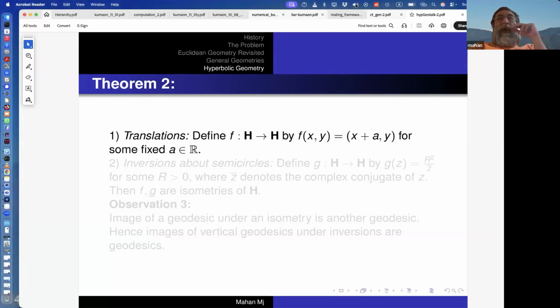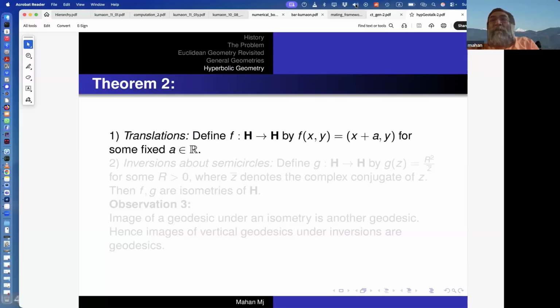And we had this one vertical line through the origin. Now we check that f(x, y) equal to (x plus a, y), which means just translate along the x-axis. Then what happens? x1 is equal to x plus a. Then dx1 is exactly equal to dx, by our notion of isometry. dy1 is equal to dy because y1 is equal to y.